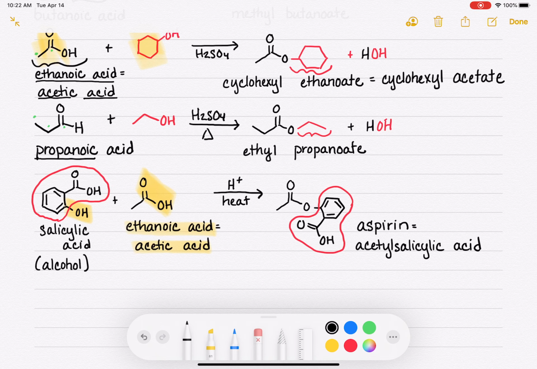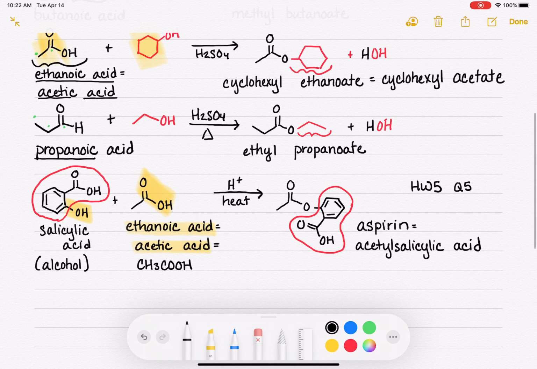So one of the questions that you have on Sapling in your homework 5, and this is question 5, is giving you the structure of aspirin and the structure of ethanoic acid, which it actually wrote out in condensed notation, CH3COOH, like that.